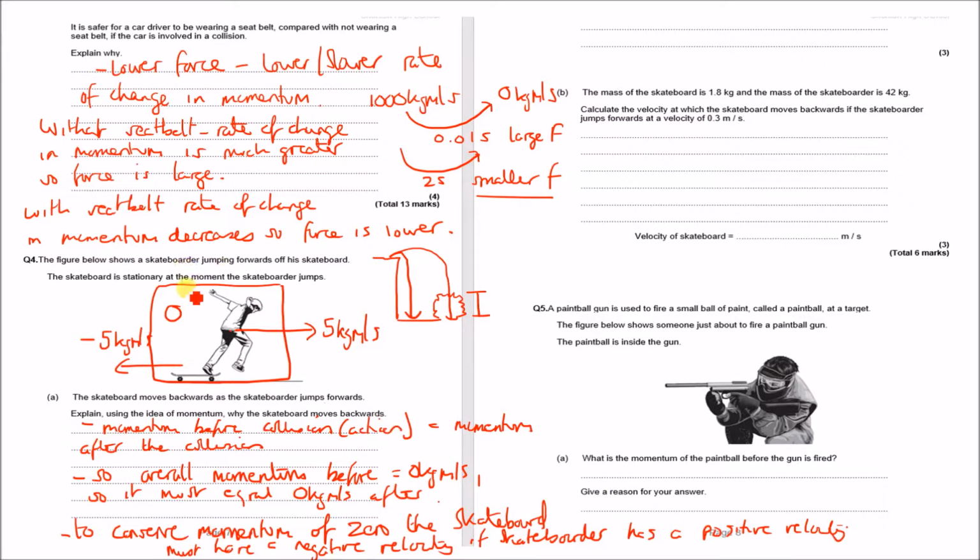Okay, now remember you can't have negative mass, so the reason this is going to be negative is because the velocity part is negative.